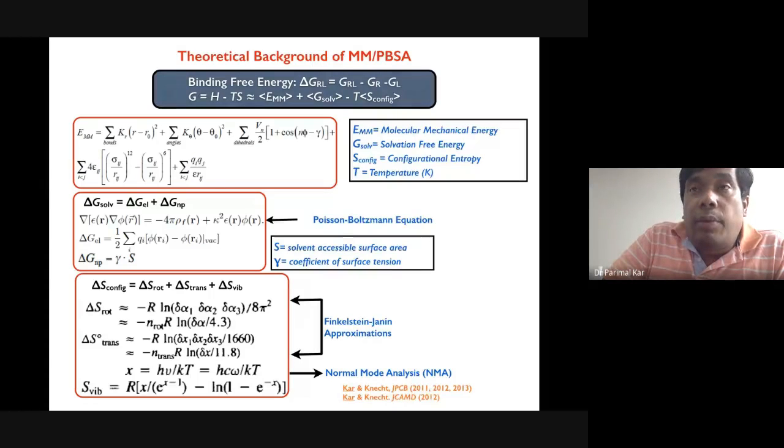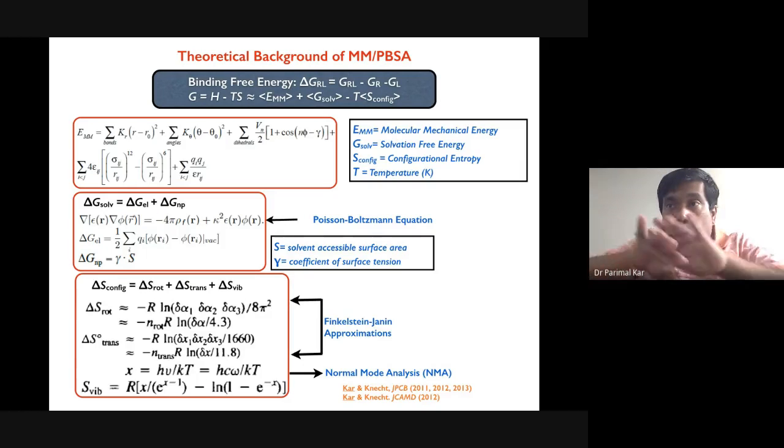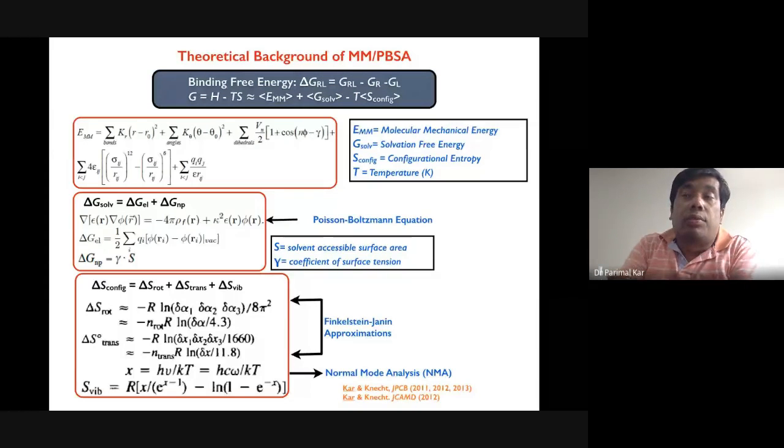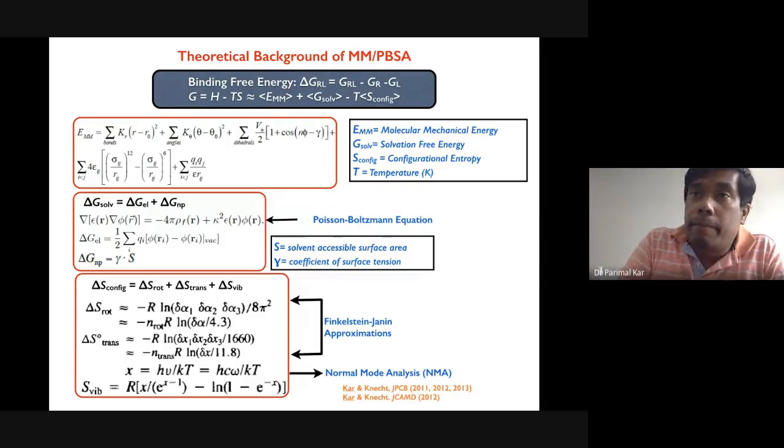But at the same time, you have to remember one thing. If you want to put a solute in a solvent, what do you need to do? You have to carve out a space to accommodate it. That means you are displacing the water molecules so that you can accommodate the protein. Now you are displacing those water molecules, which means there will be some entropic cost, a penalty.